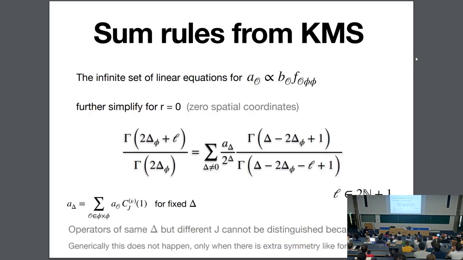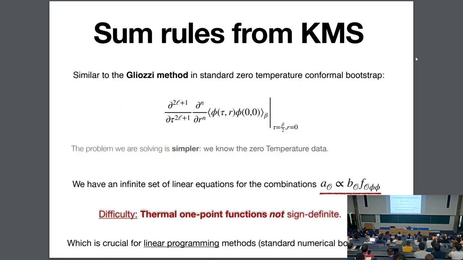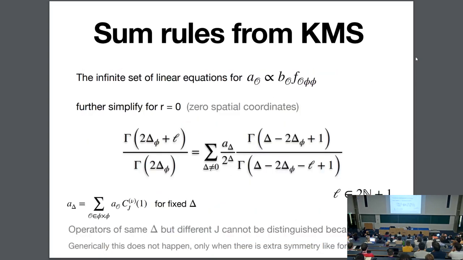And then another further simplification gives this very nice form of our sum rules. You can simply set the spatial coordinates to 0, and this hard-looking equation becomes quite beautiful, and you can even play with your fingers with this equation.